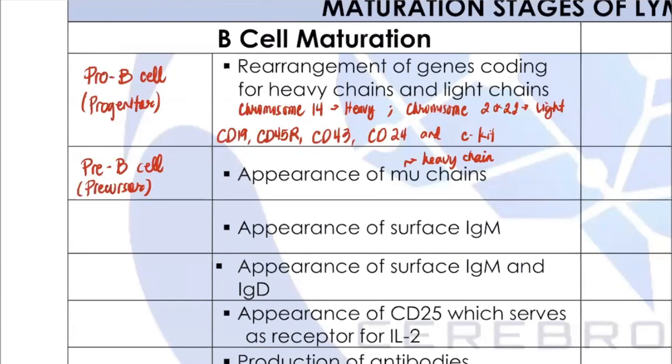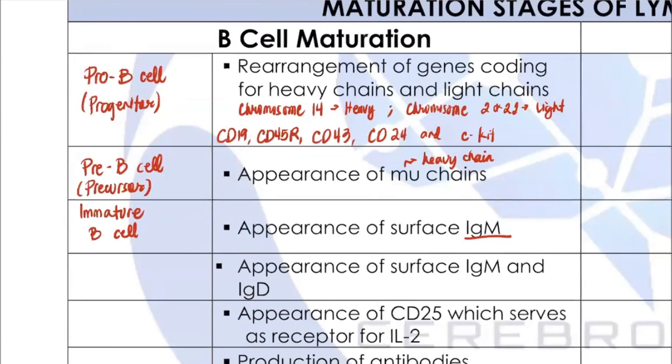Kasi heavy chain niya yung una mong napoproduce. So pag nagkaroon na ng IgM sa surface ng developing B cell, tawag natin sa kanya is immature. So that is now an immature B cell. So take note, it is characterized by presence of a surface immunoglobulin M.